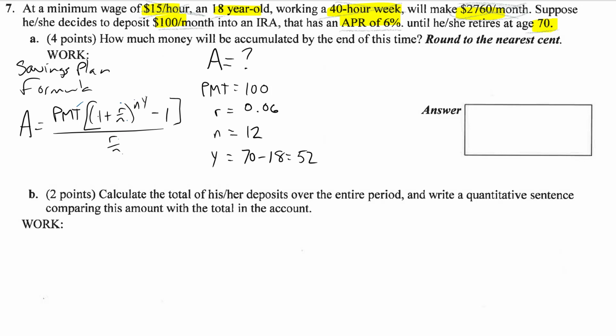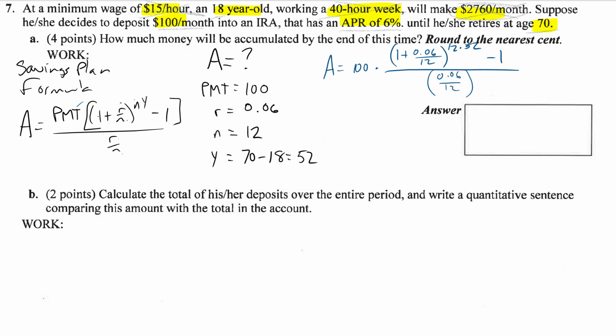Okay, so this is going to be, A is equal to, I'm going to put this out in front, 100 times 1 plus 0.06 over 12, all raised to the 12 times 52, because it's happening for 52 years, minus 1. And on the bottom, we get 0.06 divided by 12.